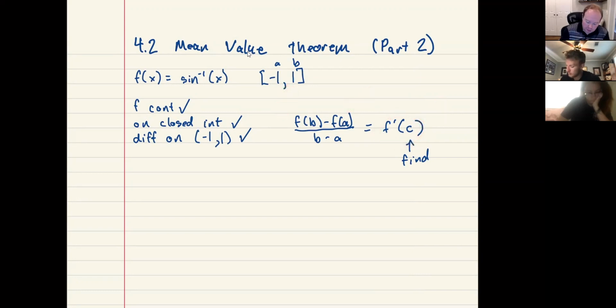So they're parallel lines. To do that, we can break this into 3 different parts. We can find f of a, in this case, f of -1.